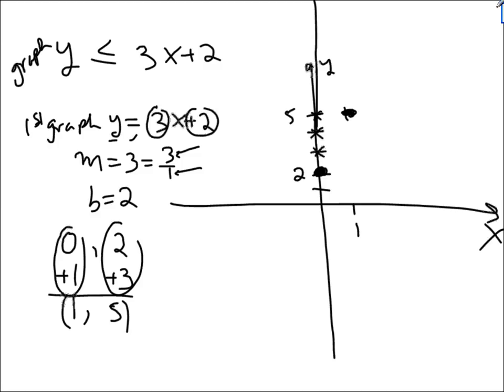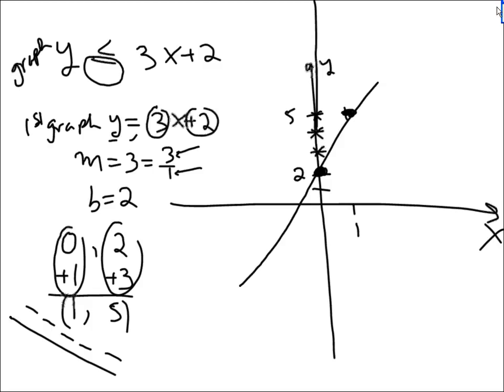Now, sometimes you dash the line. Sometimes you draw a solid line. It depends upon whether or not it says equal. If it says equal, you draw the line.